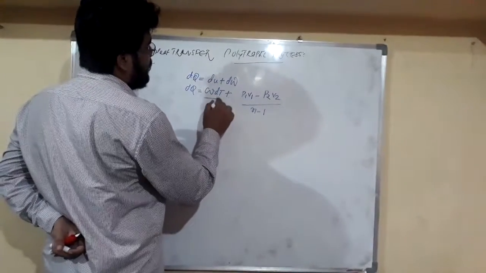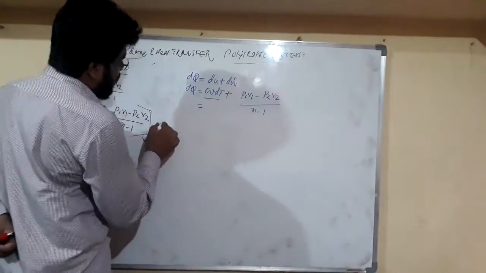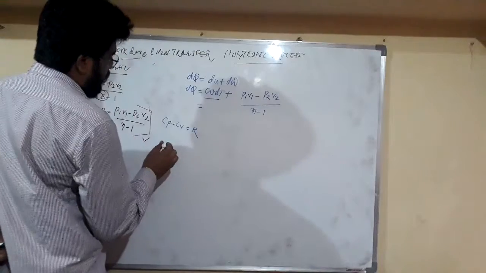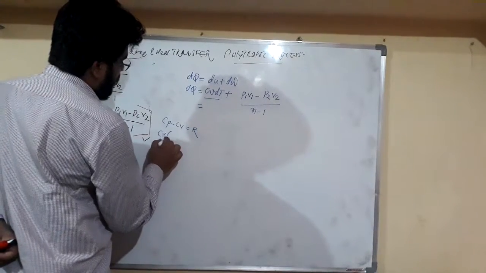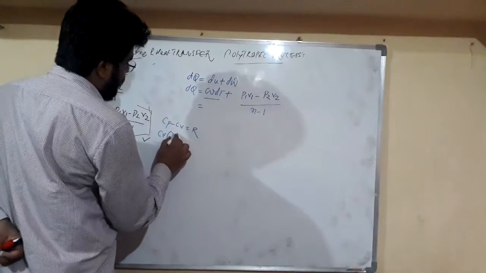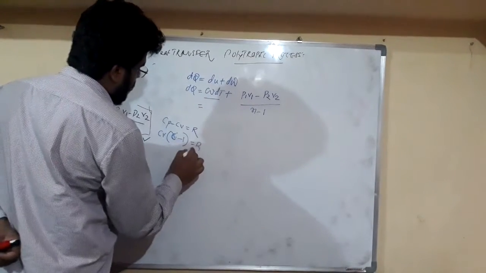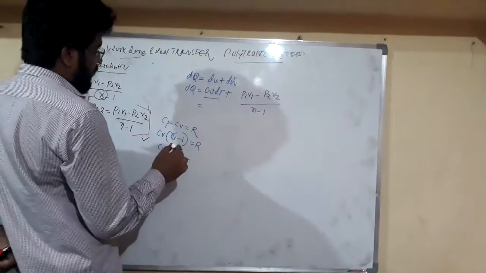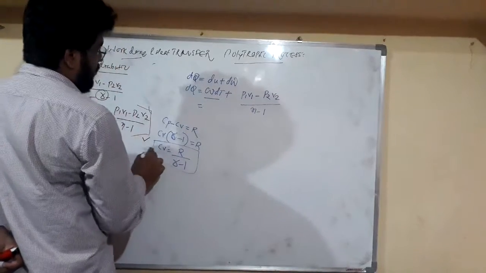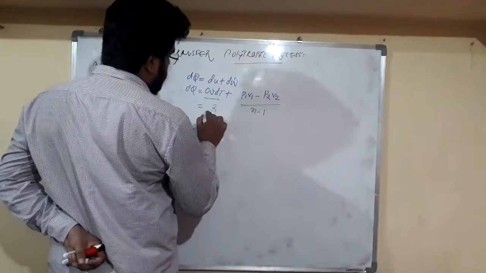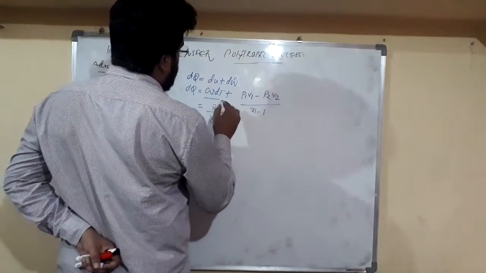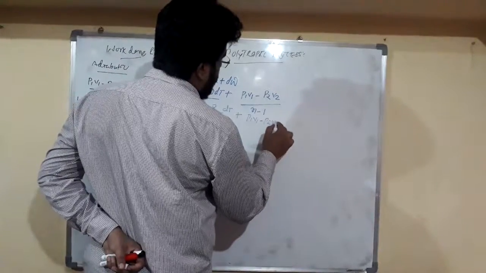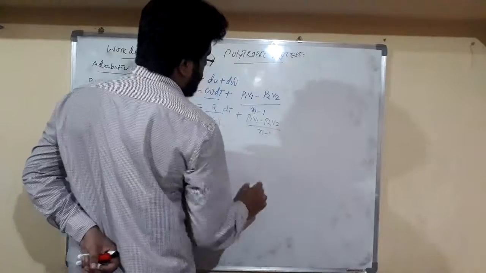Friends, we are deriving here. We know that Cp minus Cv equals R. So taking Cv common, Cv(gamma minus 1) equals R, and Cv equals R upon (gamma minus 1). So in case of Cv, we can write R upon (gamma minus 1). Here dT becomes the same, plus (P1V1 minus P2V2) upon (n minus 1).